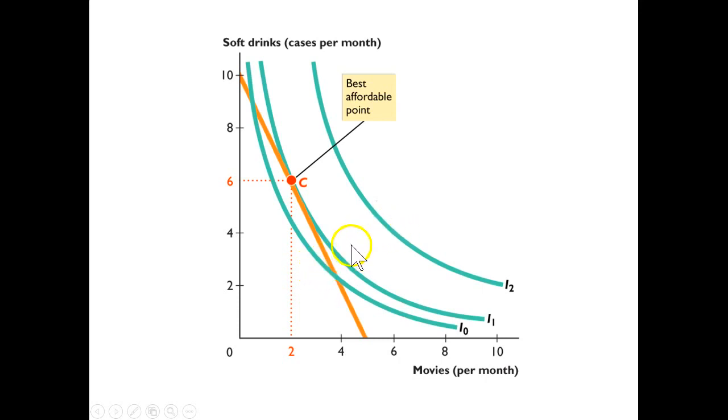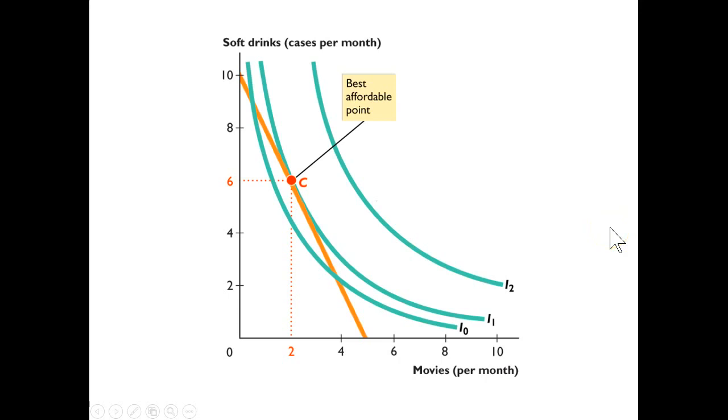So they'll go to the next best indifference curve they can get to, which is an indifference curve just touching the budget line, in this example, at just one point, point C. They can't get to a higher indifference curve than this. A higher indifference curve than that would be beyond their budget line, beyond their budget constraint.